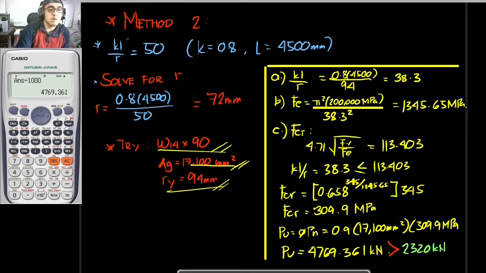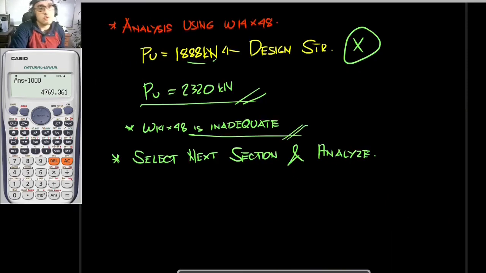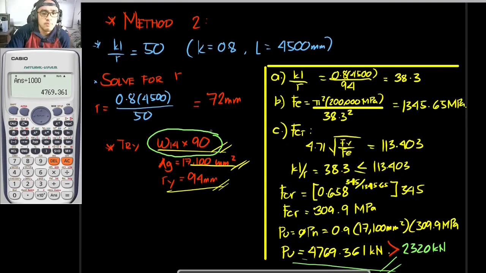If we use this method in this particular problem, it seems over-designed. The capacity is almost double. In that case, to be more economical, you would choose a lower section compared to this W14 by 90. This is method 2; method 1 earlier was inadequate because it was less than 2,320 kilonewtons. So you'll keep resolving. I didn't mention earlier that this is an over-design, so we will again choose a smaller section.